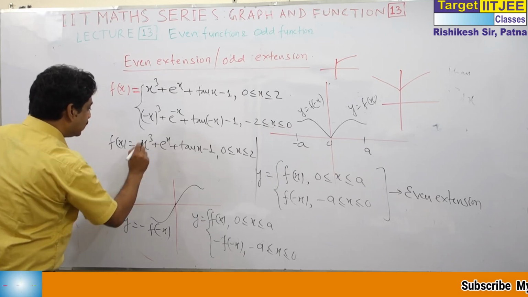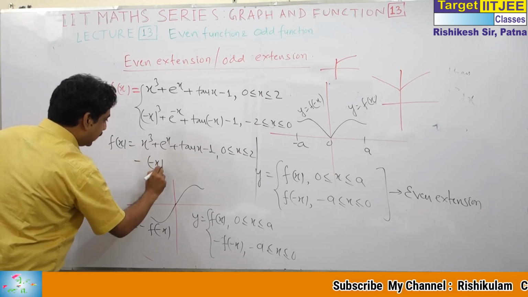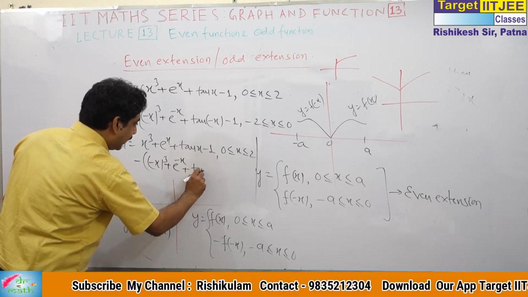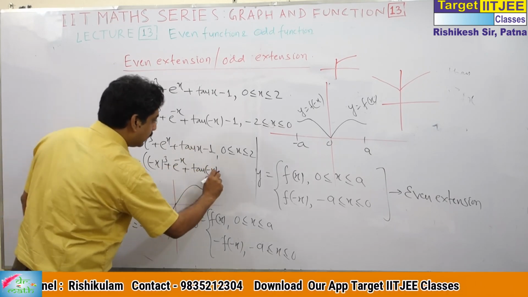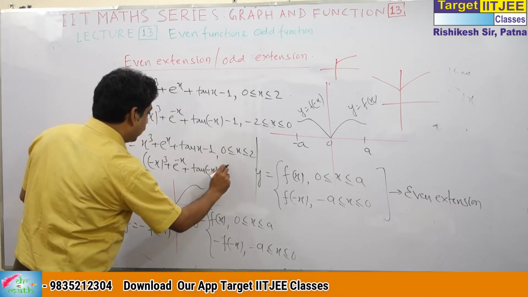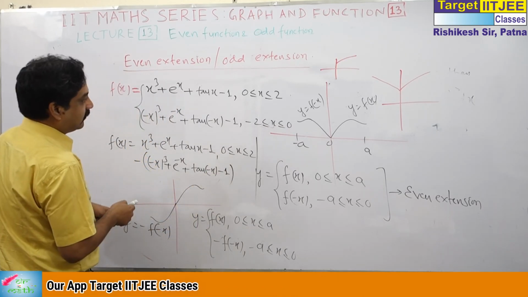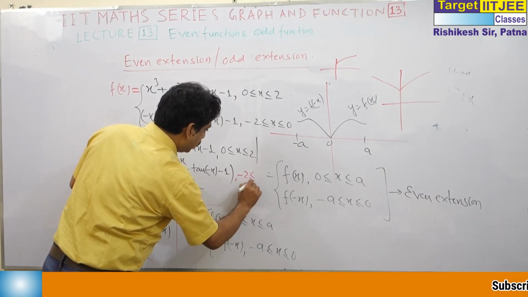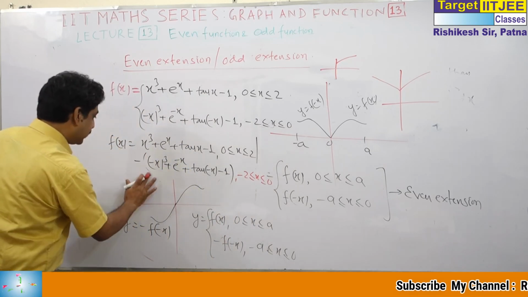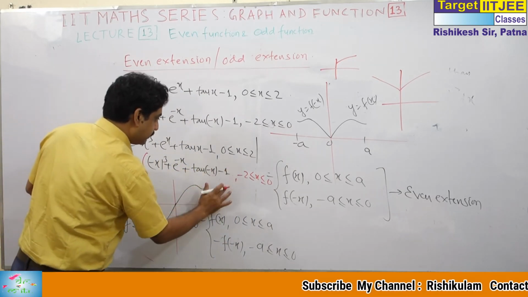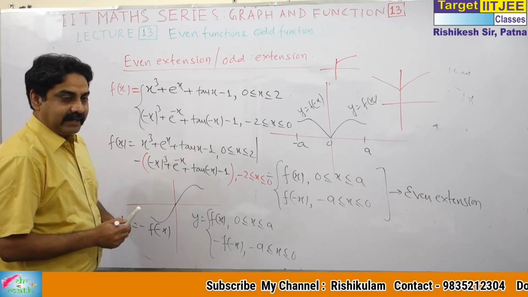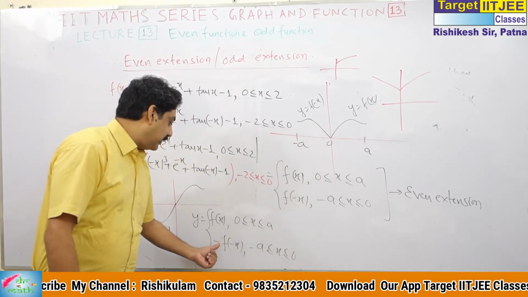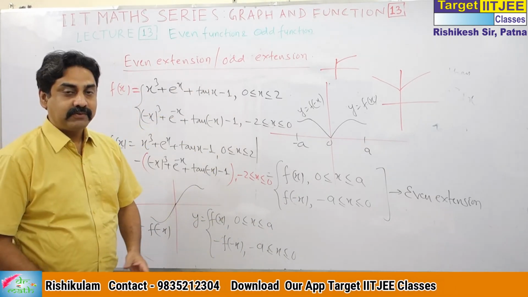So this is -(-x³ + e^(-x) + tan(-x) - 1), with interval -2 to 0, and the whole expression in brackets. So for even extension, replace x by -x; for odd extension, put a minus sign in front again.